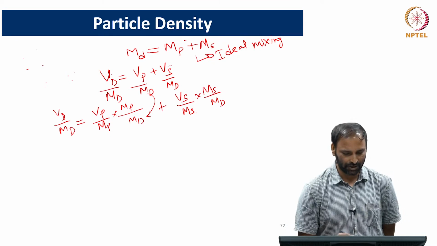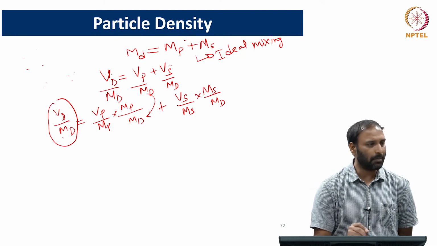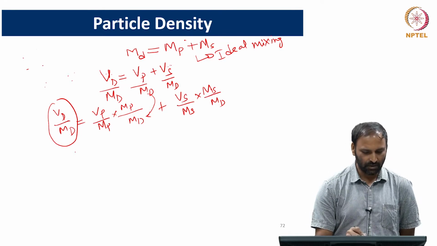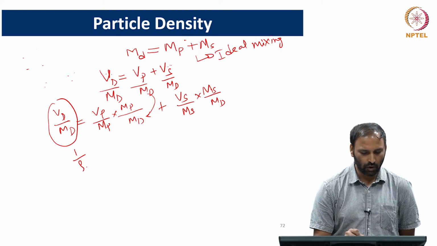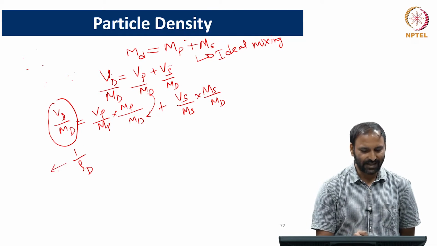Yeah, a simple manipulation. This parameter, the volume of the dispersion divided by the mass of the dispersion, is the same as 1 over rho of the dispersion, that is the density of the dispersion.